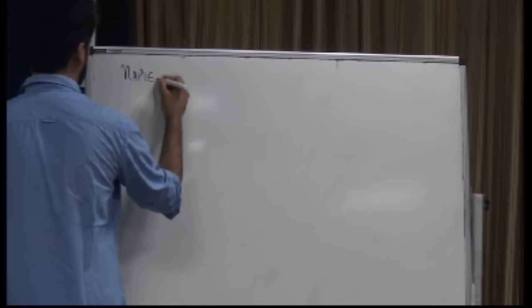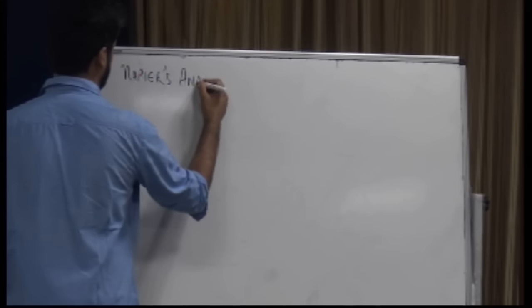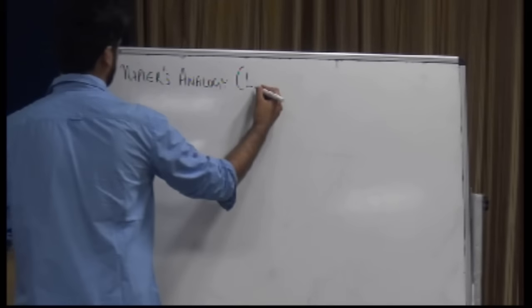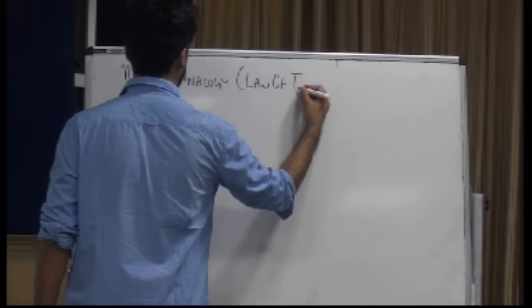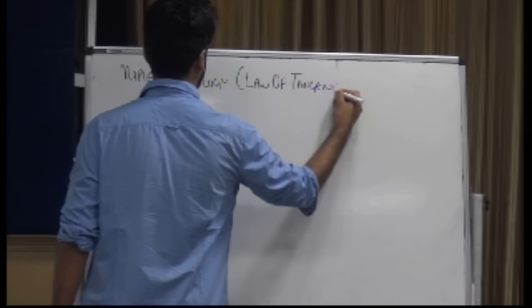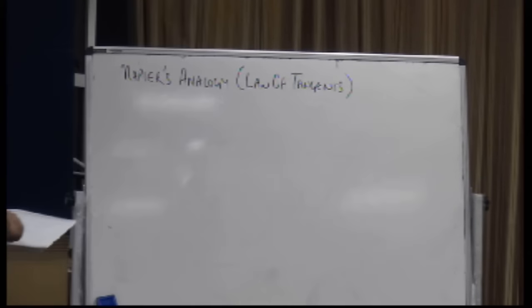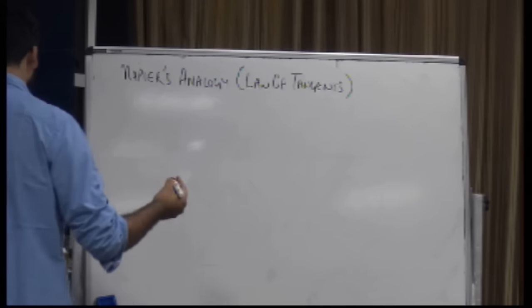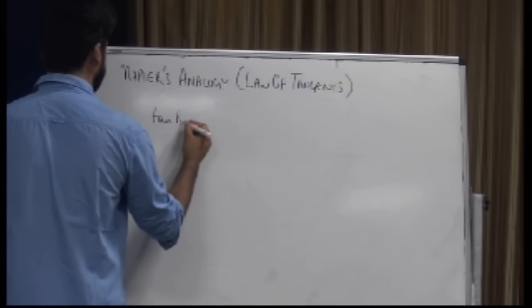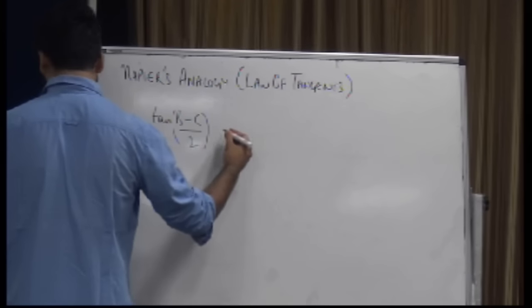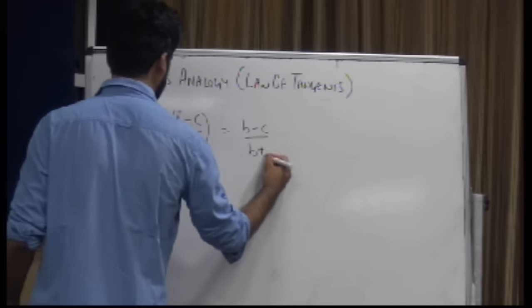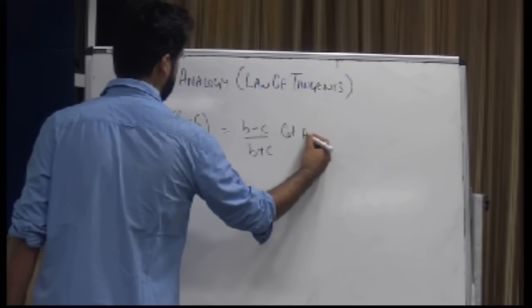So next is Napier's analogy or the law of tangents. So Napier's analogy says that tan of (b minus c) upon 2 is equal to (b minus c) upon (b plus c) into cot a by 2.